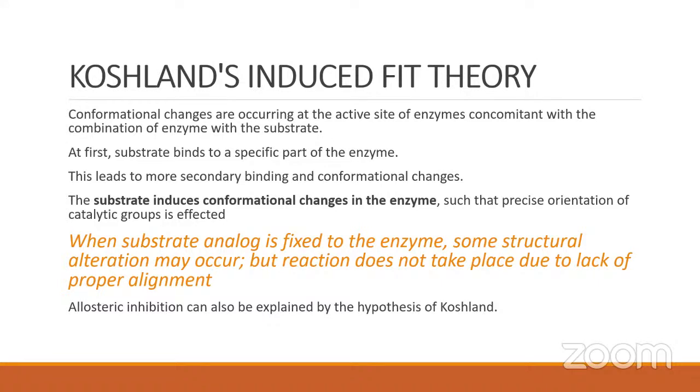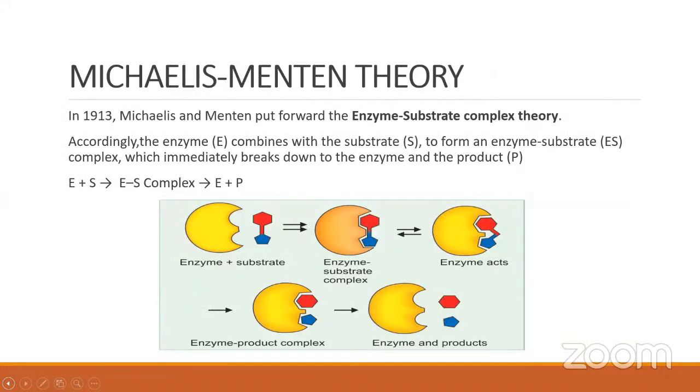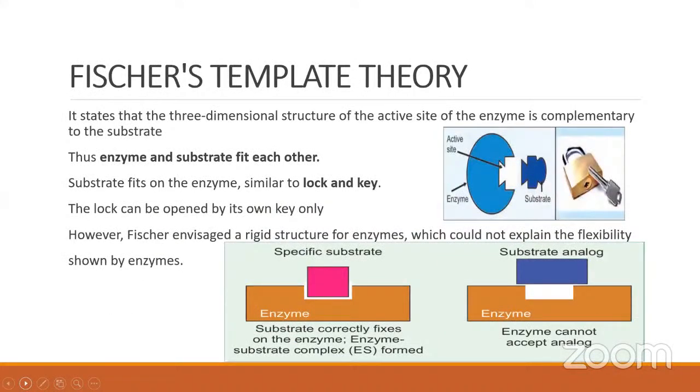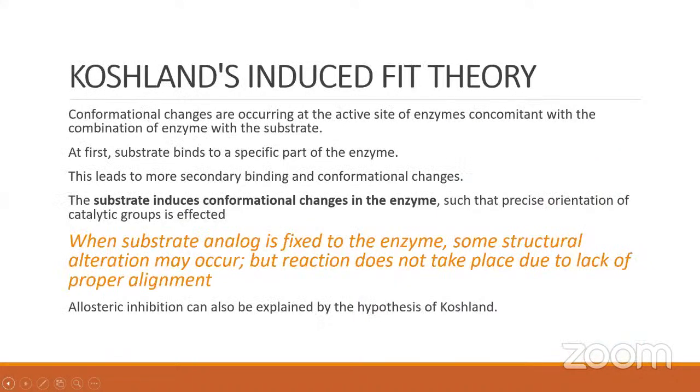This theory also explains an important concept of enzyme inhibition, that is allosteric inhibition, which we will deal with in the next class. So this is the mechanism of action of enzymes by lowering the activation energy, explained by three theories: the Michaelis-Menten theory, Fischer's template theory, and Koshland's induced fit theory.